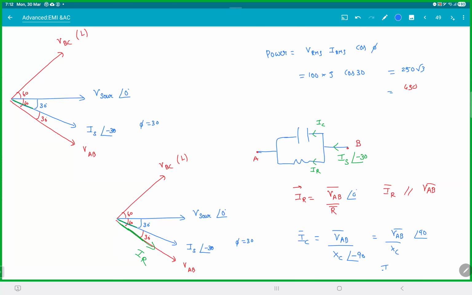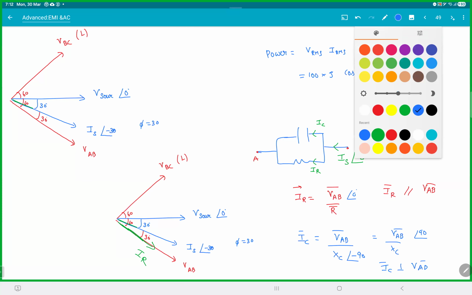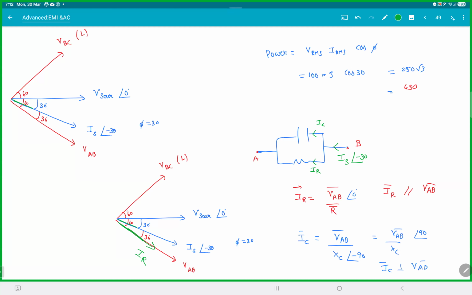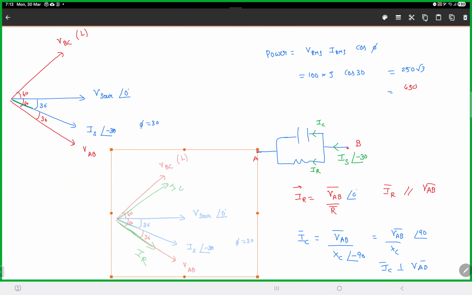That means IC is perpendicular to VAB bar. So for this AB line, I have to draw a perpendicular. So 30, 30, 60. This would be your IC. IC and IR are perpendicular. Making sense? Like I said, you're all treating these as vectors.